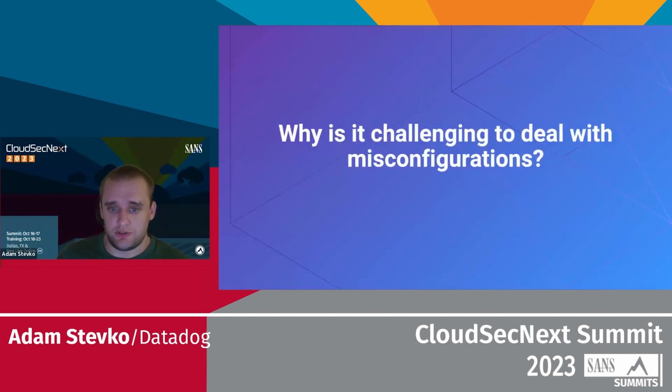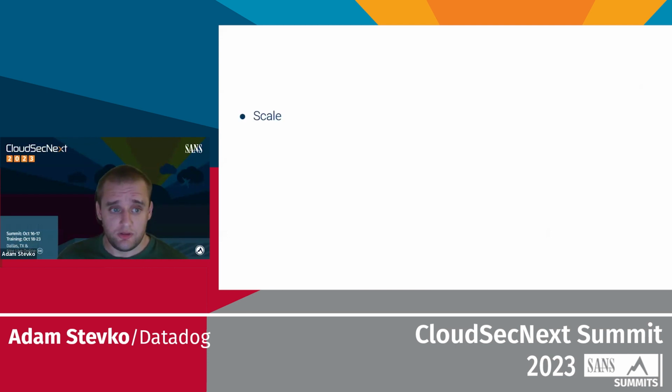And what are the challenges when dealing with misconfigurations? First and foremost, it's scale. Imagine that your company has hundreds of thousands of cloud resources. You have a big engineering team, and they are working on hundreds of thousands of services. So trying to know what to remediate, what to fix, and how to approach it adds to the complexity.